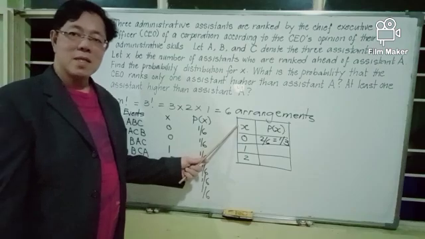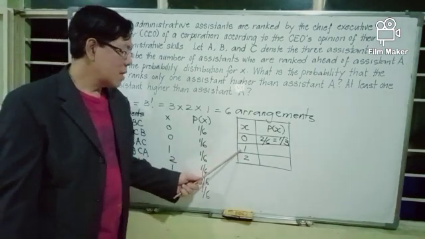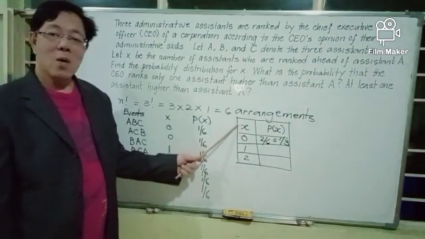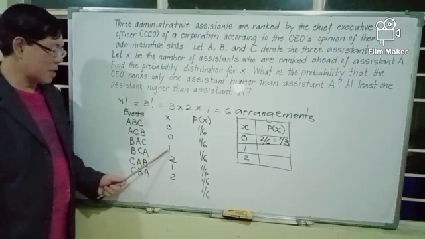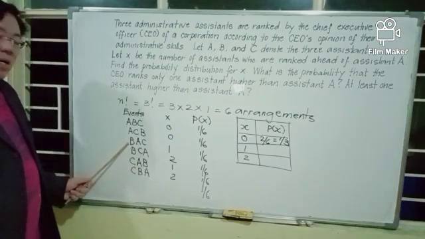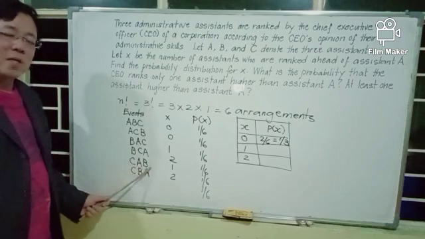Now, the probability that the value of the discrete random variable x is 1: the value of x equals 1 can occur in two ways, for the event BAC and for the event CAB.